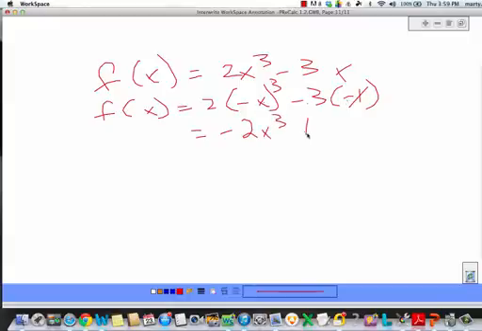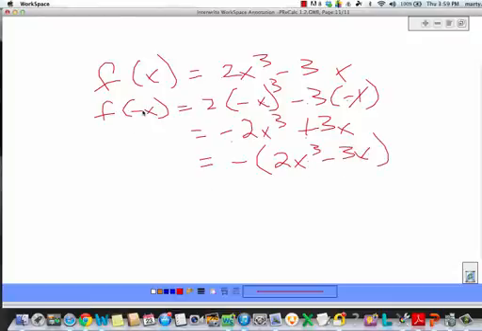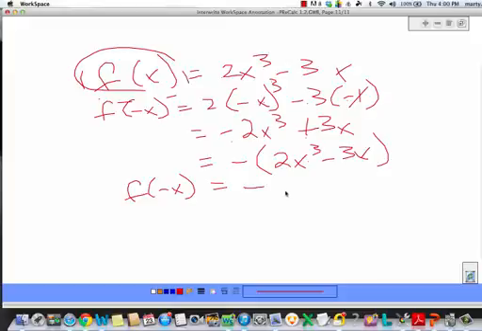A negative times a negative is a positive. Notice I went from my original function, changed from a plus to a minus, changed from a minus to a plus, which means I really could factor out a negative sign, and I'm right back to my original function. That tells me that f of negative x is equal to the opposite of the original function, and therefore it is an odd function.